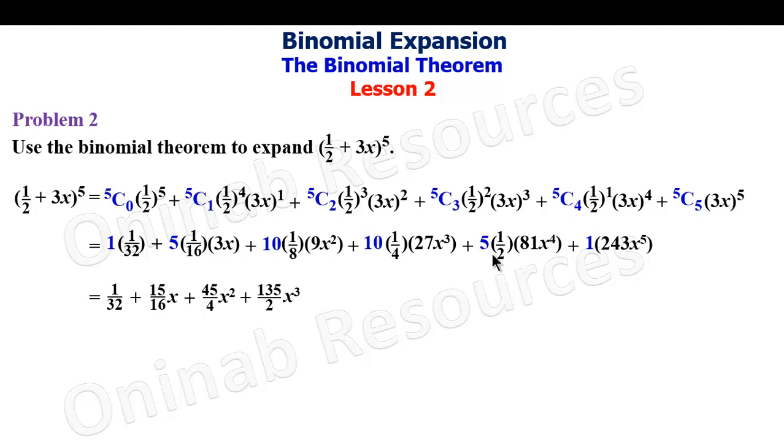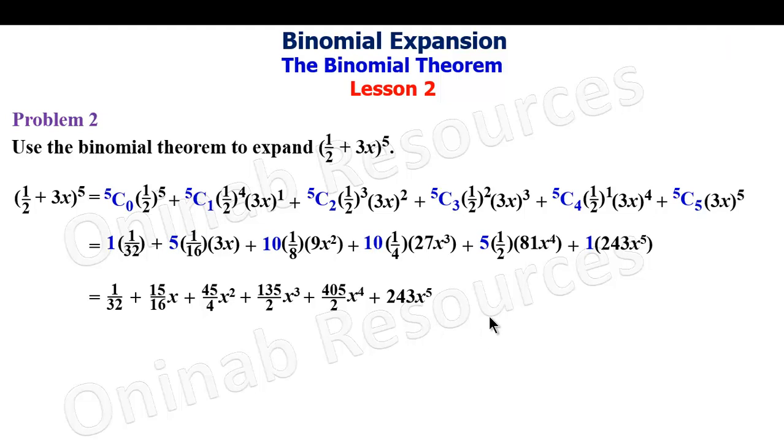Here there's nothing that can divide. This is 405 over 2, so plus 405 over 2 x raised to power 4, then plus 243 x raised to power 5. That is the final step for the solution of problem 2.